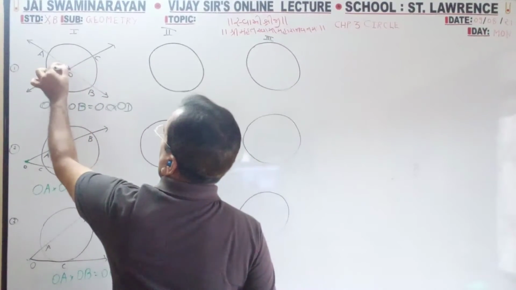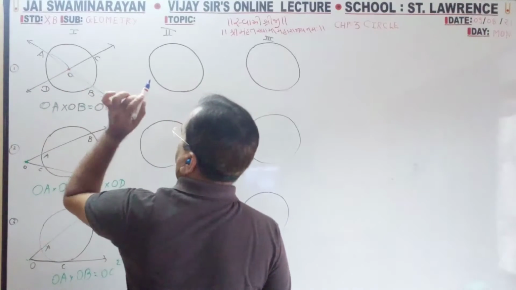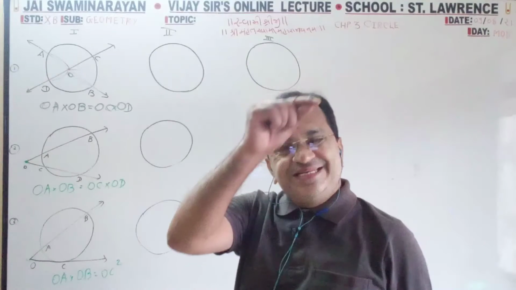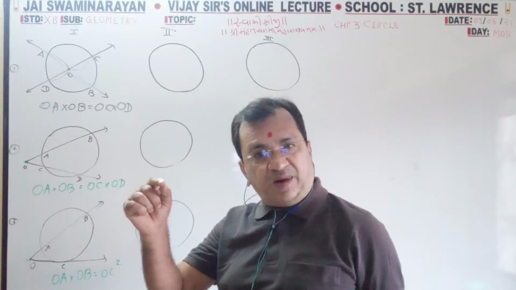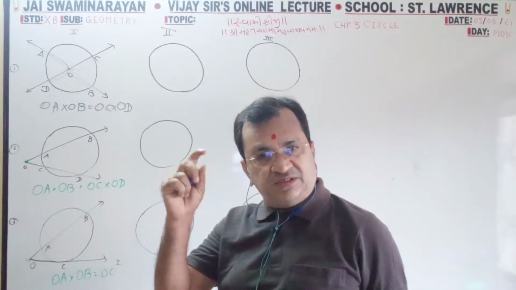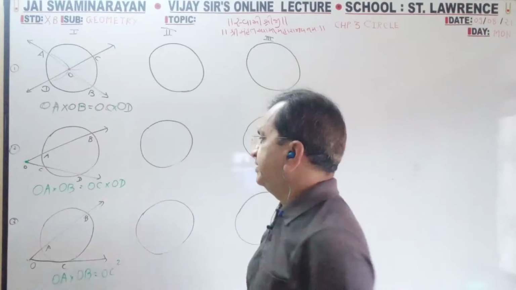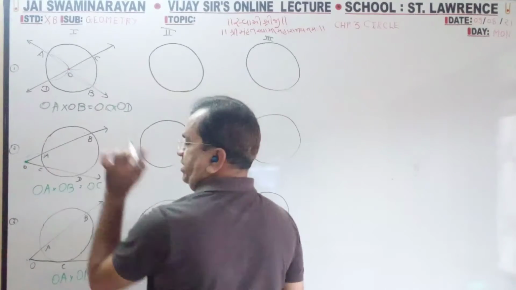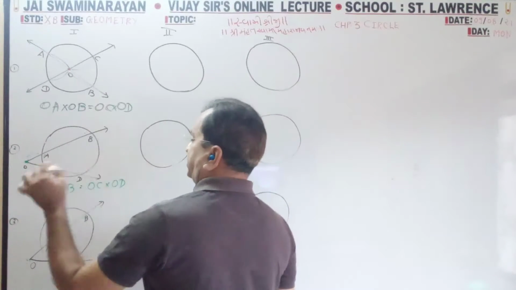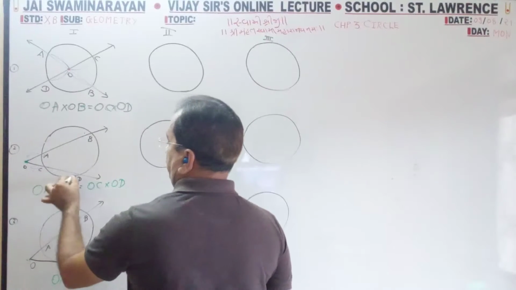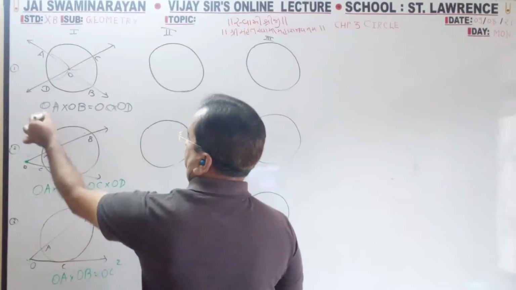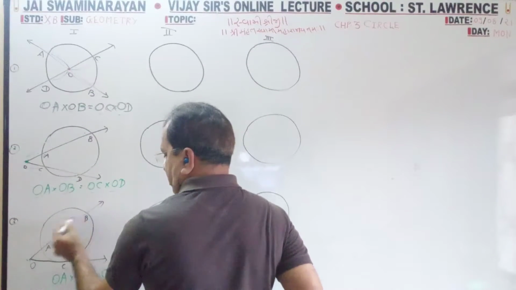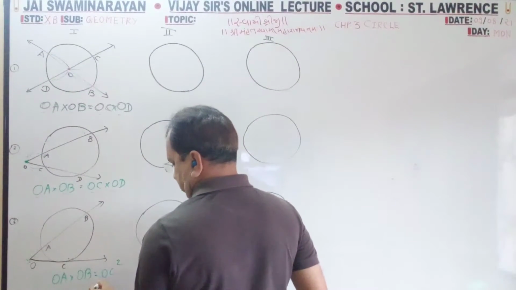From O, OA into OB, OC into OD. Same line, same segment from intersection. OA, OB, not OA, AB. All from intersection. OC, OD. So O will come 4 times. Here also OA, OB, OC, OC, OC square.